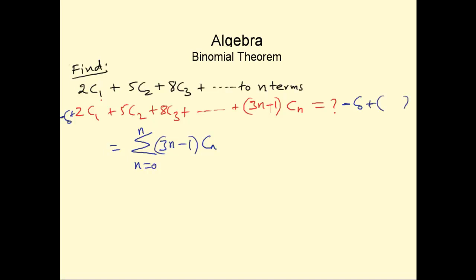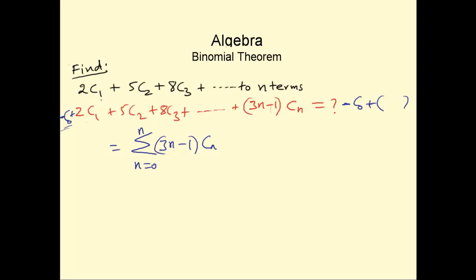So if you put minus c0 here, this is minus c0 plus 2c1 plus 5c2 plus 8c3 and so on till here. So now if you put n is equal to 0, you have minus c0, which you have here. If you put n is equal to 1, you get 3 minus 1, 2, 2c1, which is here. If you put n is equal to 2, you get 6 minus 1, 5, c2, which is here, and so on.